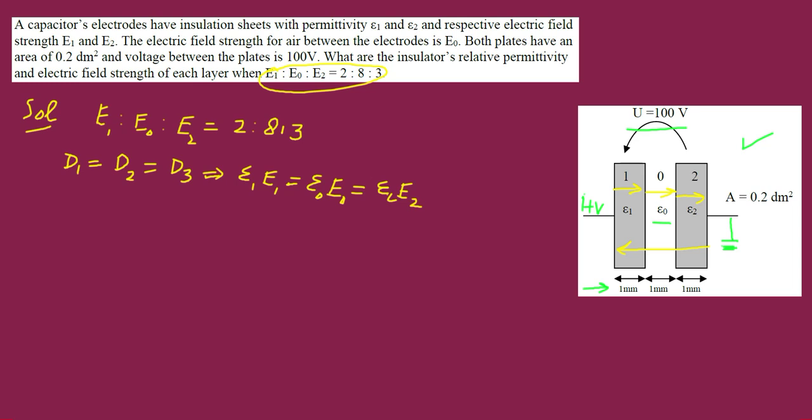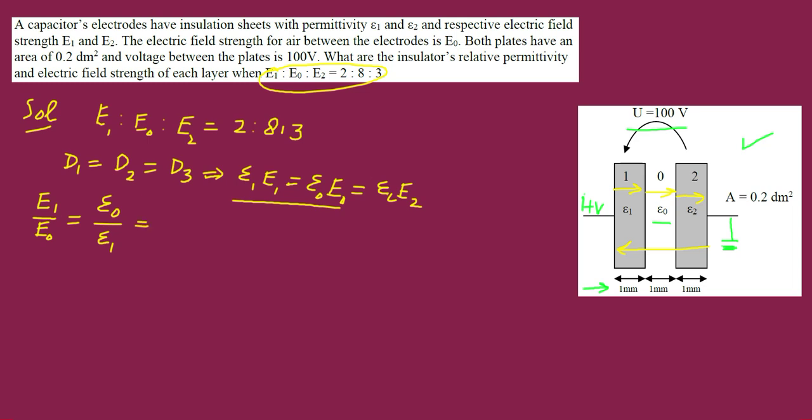From the first two terms of this equality, we can say that E1 over E naught will be equal to epsilon naught over epsilon 1.